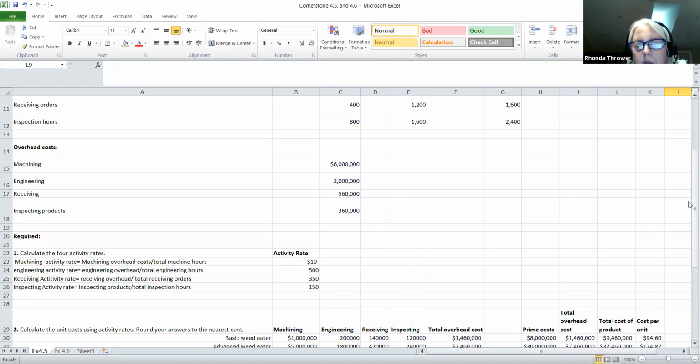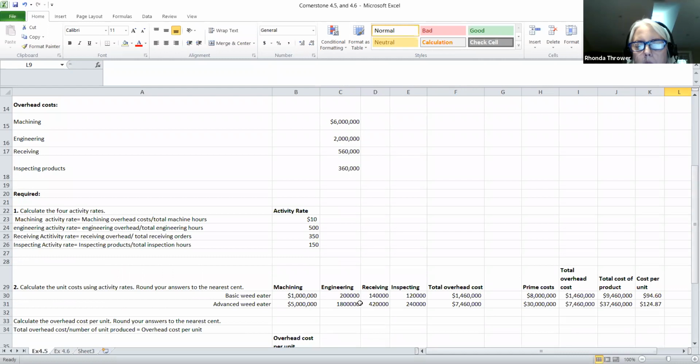So 500 times 400 is how we're getting the total cost of the engineering for the basic weed eater. So once again, all I'm doing is I'm taking each one of these activities and multiplying it by the hours for each activity based on the product.